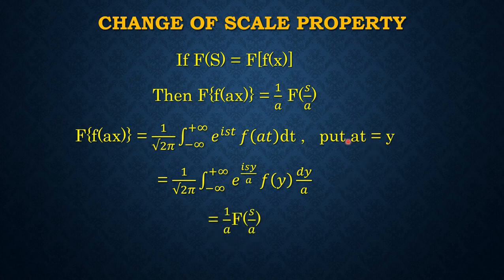Substituting this value, as t is equal to y by a, we have 1 by root 2 pi integration minus infinity to plus infinity e to the power is y by a into f(y) dy by a. Now this is simply e to the power is y by a into f(y) dy, which is the Fourier transform at s by a. Thus we have the Fourier transform of f(ax) is equal to 1 by a F(s by a).